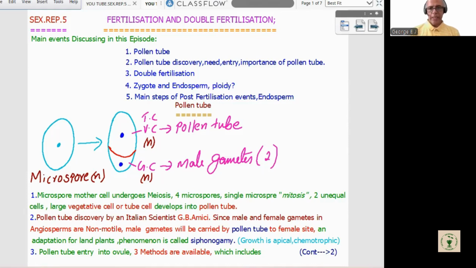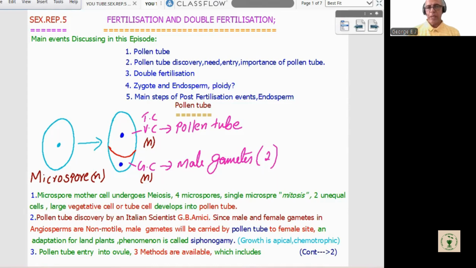And that carrying event is done by the pollen tube. This is specifically an adaptation for land plants, since no water will be available on land normally. This phenomenon, where male gametes are carried with the help of a pollen tube, is called siphonogamy. So siphonogamy means male gametes will be carried through the pollen tube.